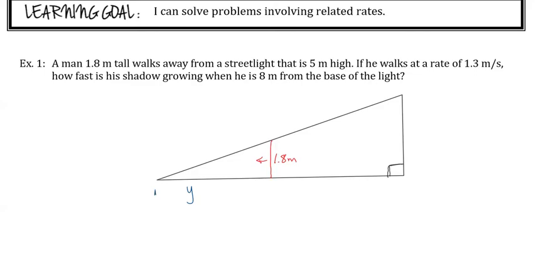We might be able to find it, so let's wait and see. This length is changing because it's the distance the person is from the lamppost, and they're walking away from it. So we have to call that x. We know what it is. What is it? 8. And what else do we know about it?